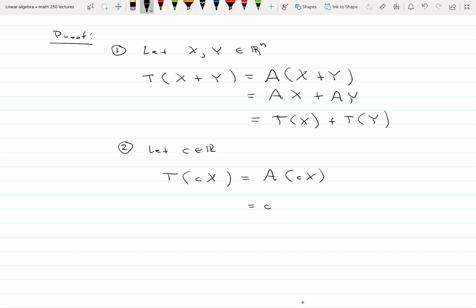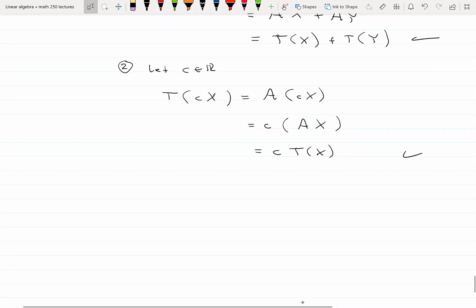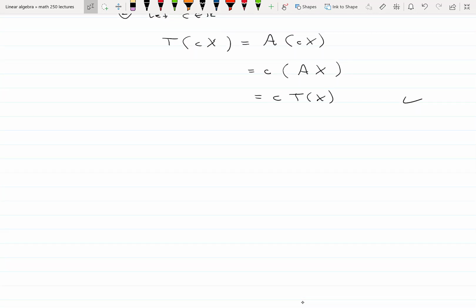Well, that constant can be factored out. This is just matrix multiplication. It's c times AX. This is c times T of X. Done. Checked off the two things. So every matrix transformation is a linear transformation. Every matrix transformation is a linear transformation.